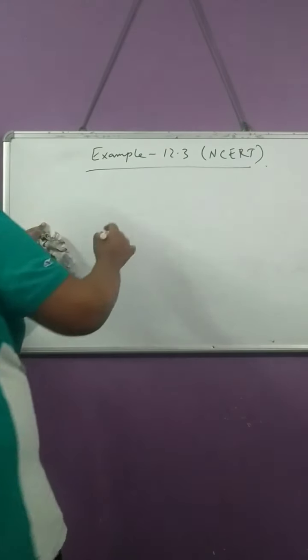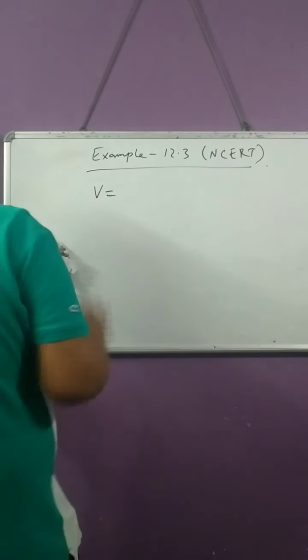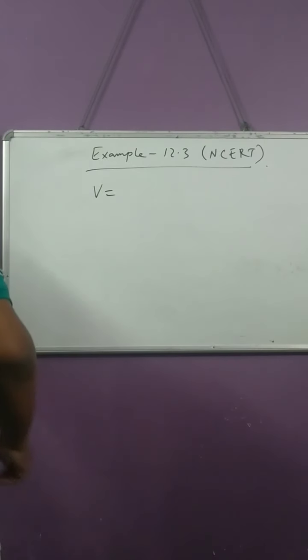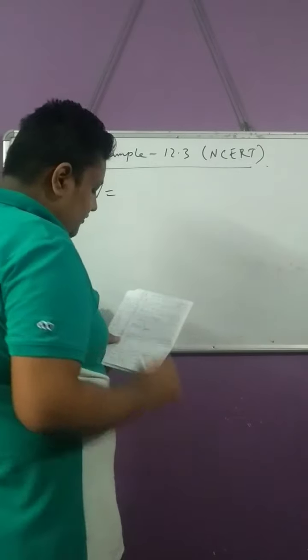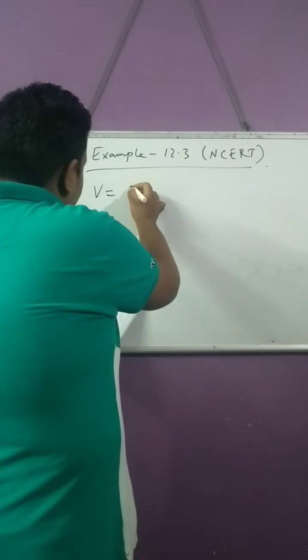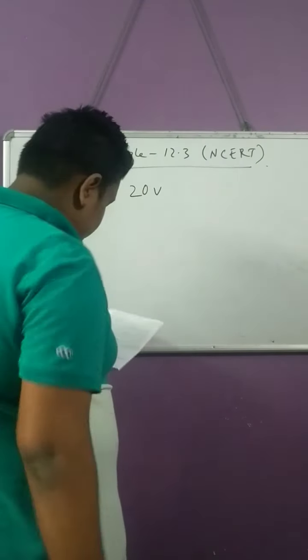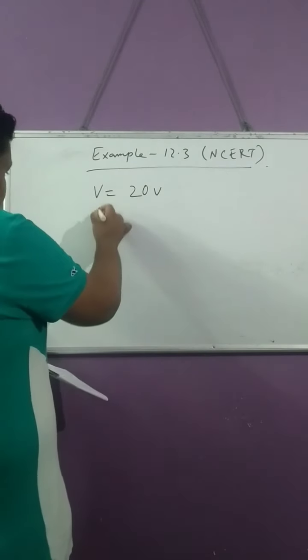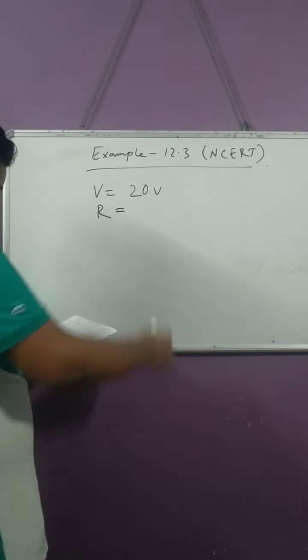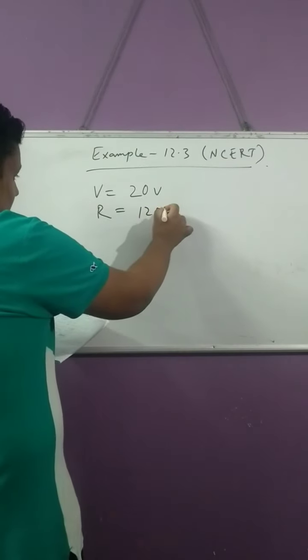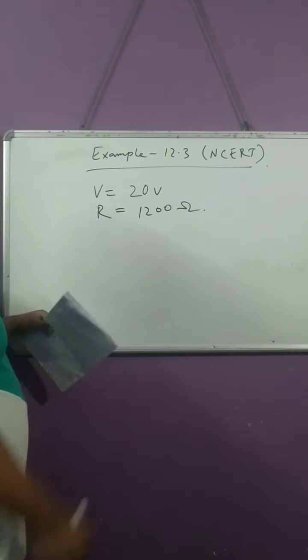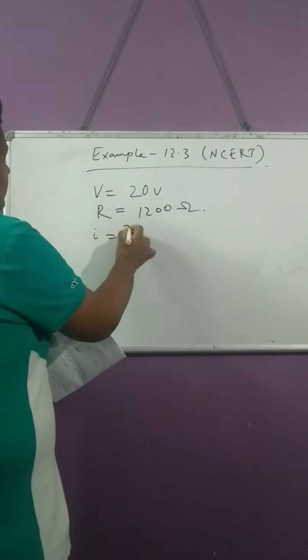What is the potential difference given? When it is said a 220 volt source, the potential difference will be 220 volt, and the resistance is also given as 1200 ohm, and we have to find current.